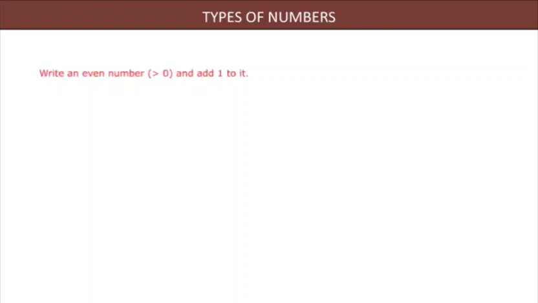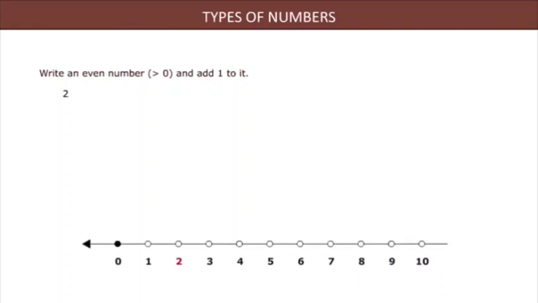Write an even number greater than 0 and add 1 to it. 2 plus 1 is equal to 3. 4 plus 1 is equal to 5. 6 plus 1 is equal to 7. 8 plus 1 is equal to 9. 10 plus 1 is equal to 11.